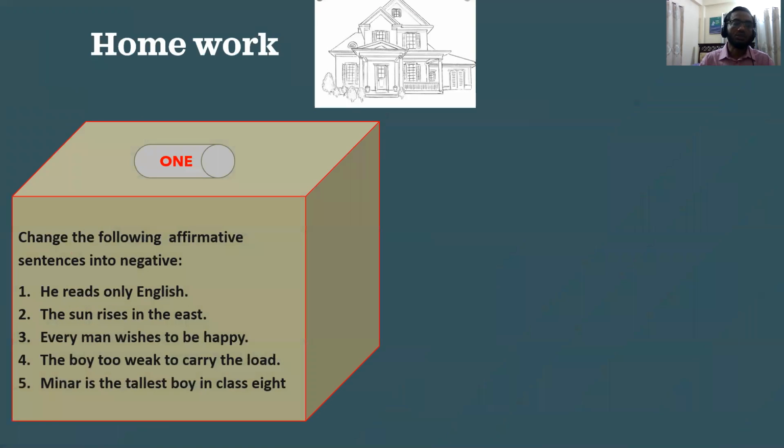Oh, there is a picture of a house, so I think you all can understand that I'm going to give some homework to you. As homework number one, you write down please. Homework number one: change the following affirmative sentences into negative.